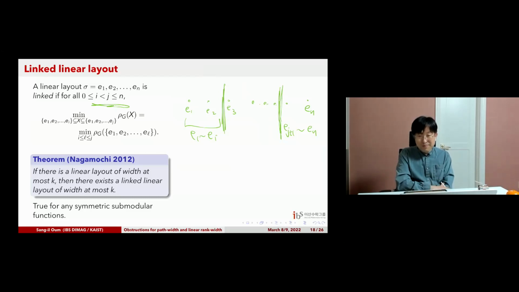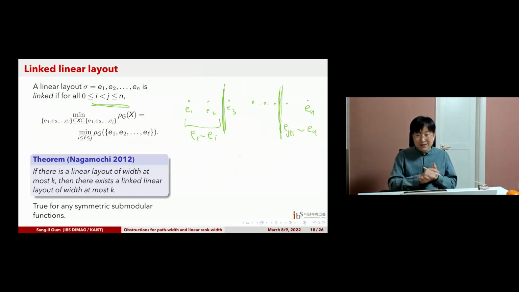For tree-width and path width, there's a similar theorem that whenever you have a tree decomposition of width k, then there's a linked tree decomposition of width k, which means that if you have two bags of the same size, and all the intermediate bags have size bigger than that, then you have k paths connecting the first bag to the last bag.